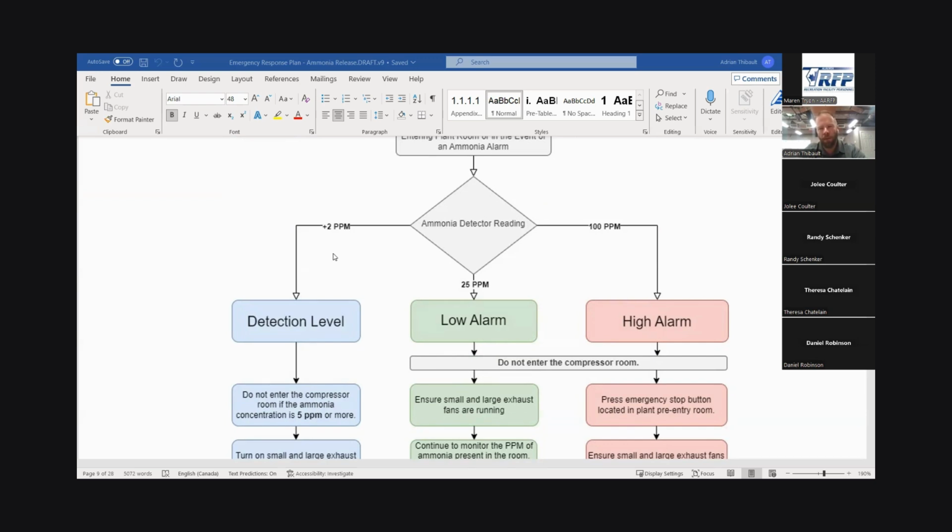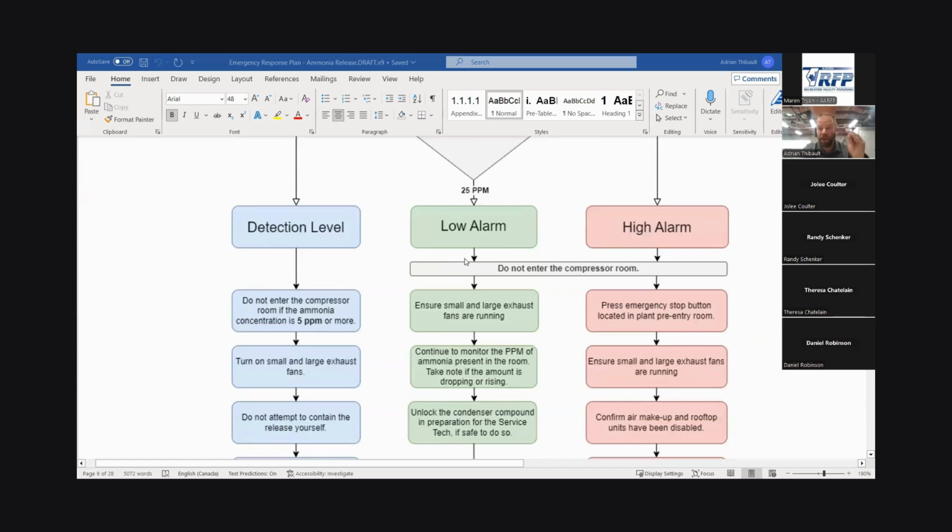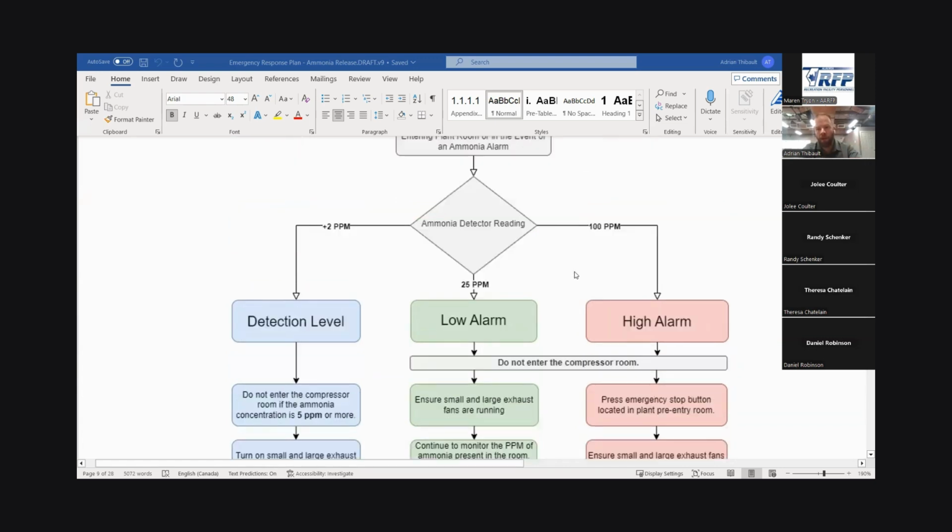It means it's probably not a problem, as far as it's not pressurized to the point where it's going to continue to release. There's always exceptions, but you've got to look at what it's trending. What's happening? What do I see? Is it rising to this 100 parts per million mark, or is it dropping?